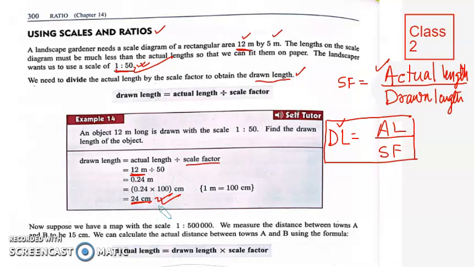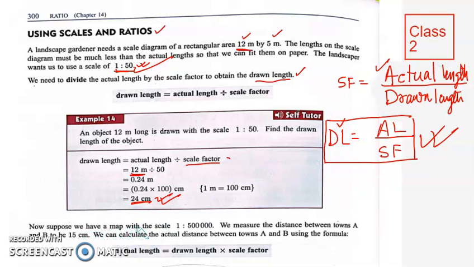I hope it is clear how to find the drawn length if you are given a scale factor and actual length. Use this formula for that, and how this formula came I have already explained.